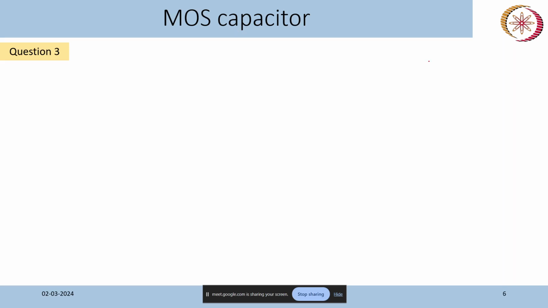So it is a MOS capacitor, so there are three layers: metal, oxide, semiconductor. I will only draw the bands away from this interface.